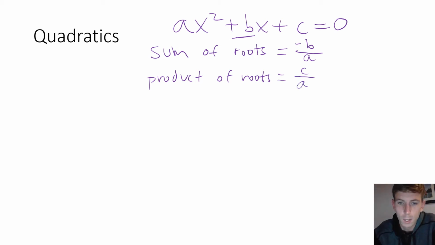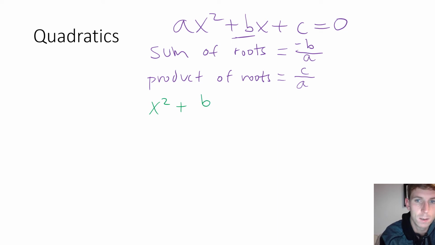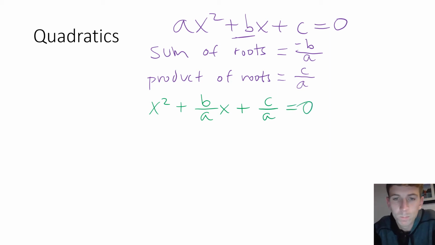All right. So I'm going to rewrite this general quadratic, the ax squared plus bx plus c. The first thing I'm going to do is divide the whole thing by a. So it would look like this. We'll just have x squared plus b over a x plus c over a equals 0 still. 0 divided by a is still 0. And we noticed that we got something close here.